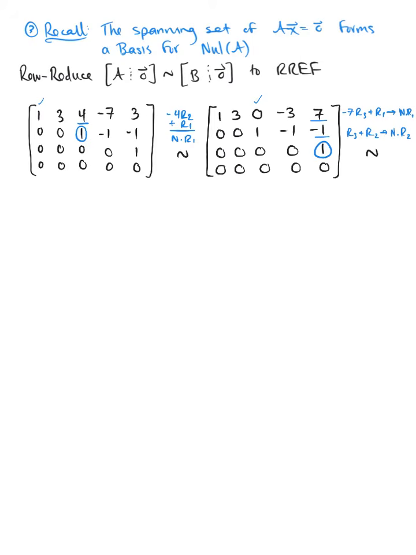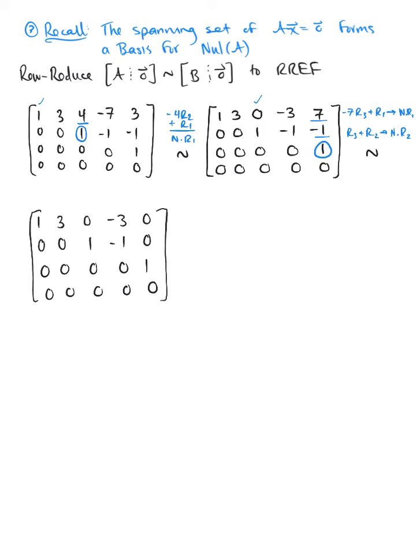We are going to be left with the equivalent matrix 1, 3, 0, negative 3, 0. We then have 0, 0, 1, negative 1, 0, and 0, 0, 0, 0, 1, and 0, 0, 0, 0, 0. And so we have officially attained row reduced echelon form.